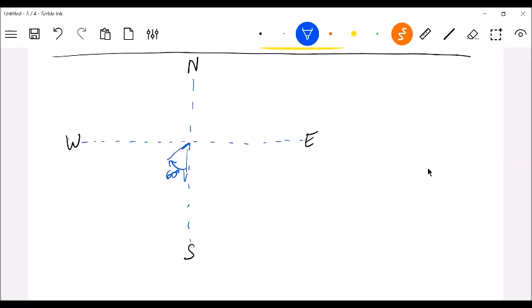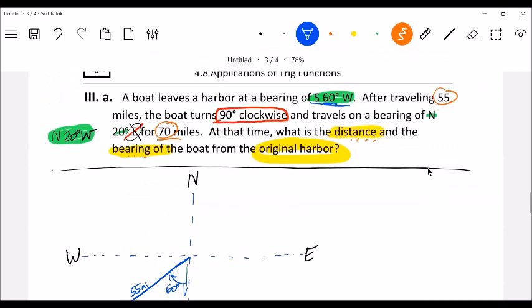And that means the boat's going here, 55 miles worth. In fact, I want to put that on the other side so it doesn't interfere with that 60, more towards the end because of what we're going to use later. So 55 miles.